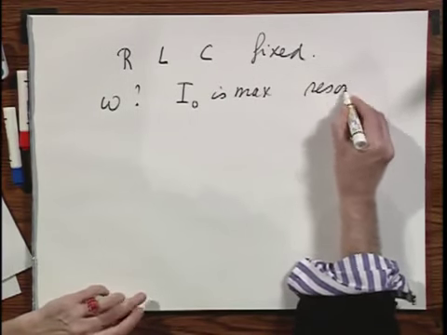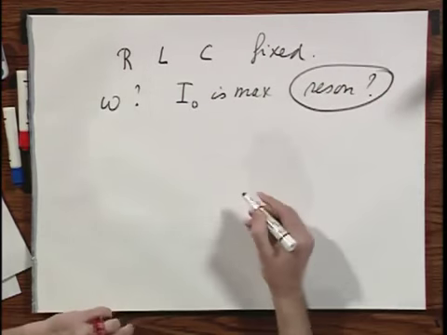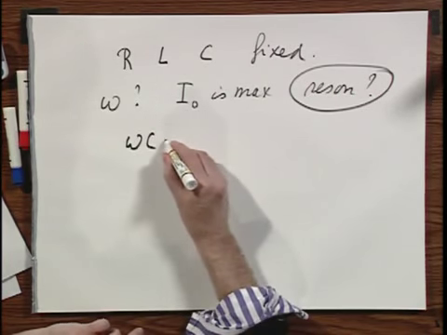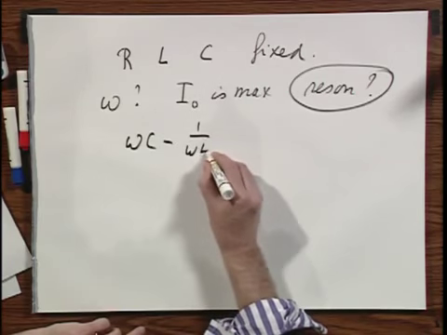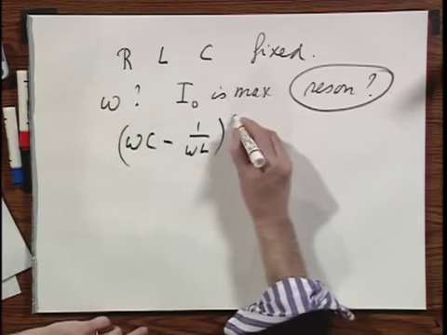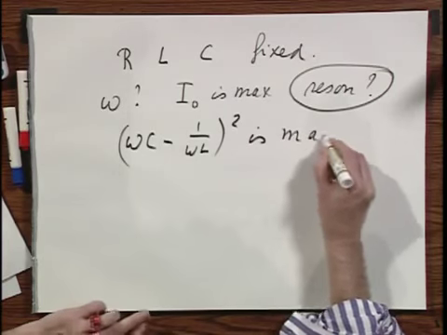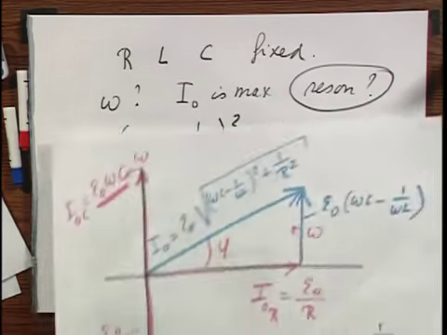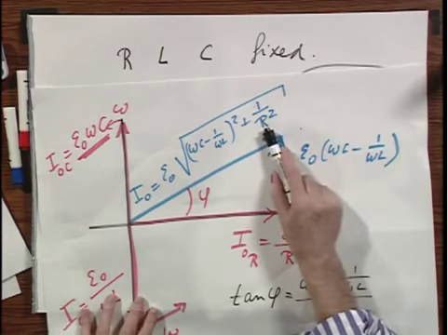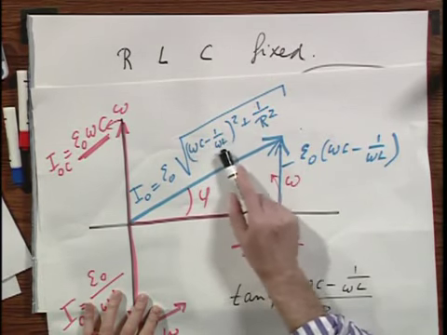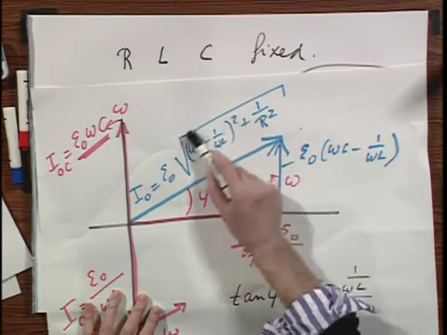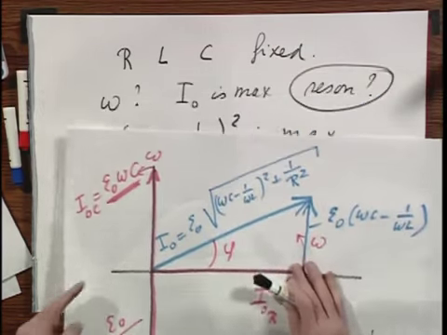Because I'm still interested to see whether somehow there is a resonance in this system. Well, that would be the case when omega C minus 1 over omega L, squared, is a maximum. Because again, I go back to my phasor diagram: R is a given, I can't change that. L and C are givens, I can't change that.